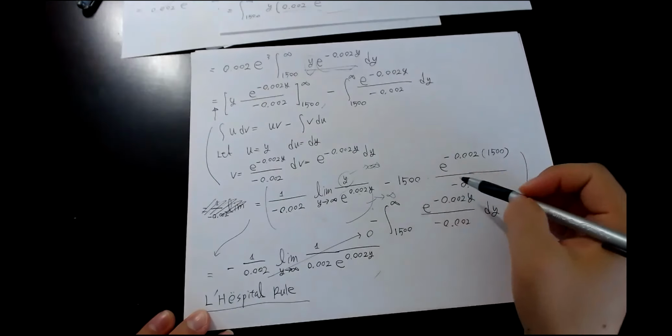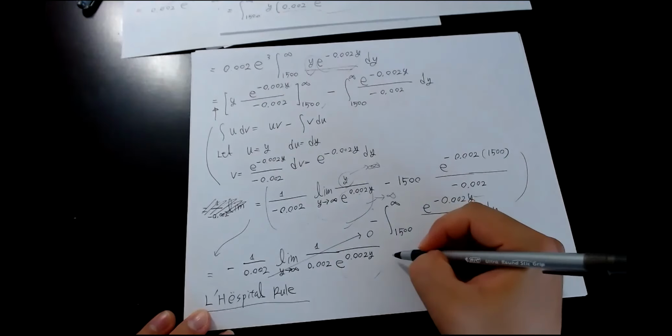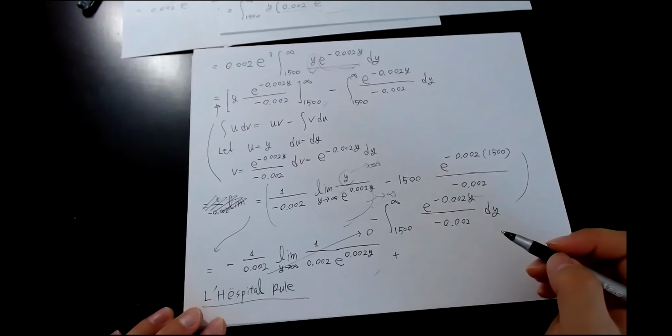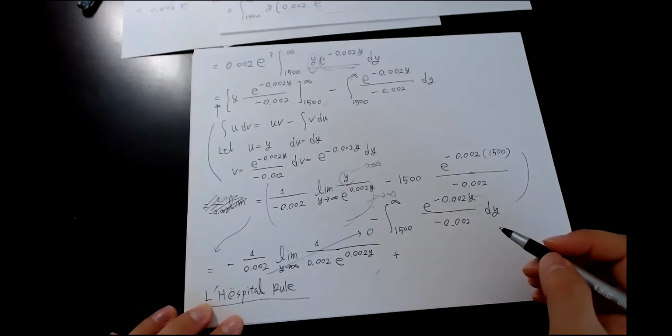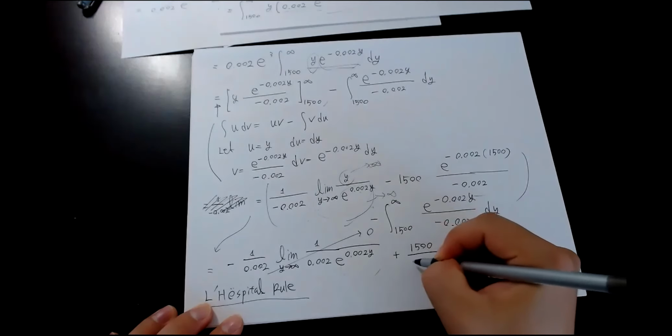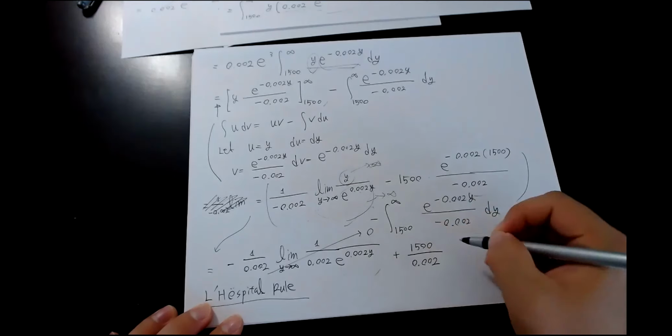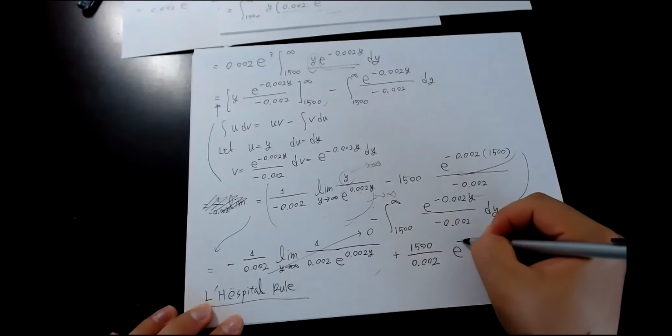So now that term is gone, and simplifying this, we're going to get plus, right? Let me simplify later. So 0.002, and then e cubed minus 3.